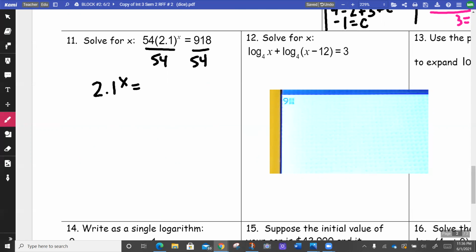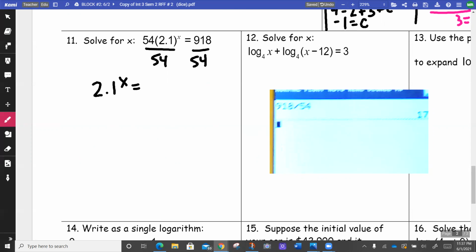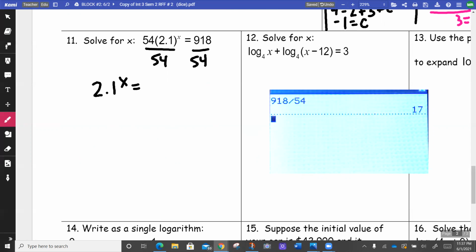So I'm going to go 918 divided by 54 is 17. Okay. And then you can log both sides, you can rewrite it in logarithmic form. This is log base 2.1 of 17 equals x.